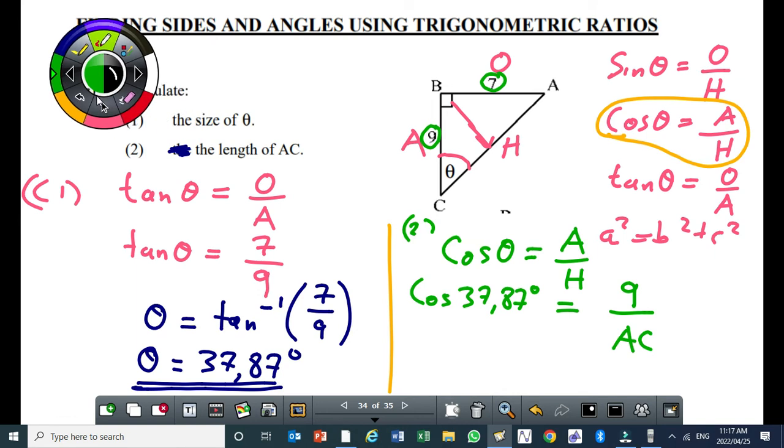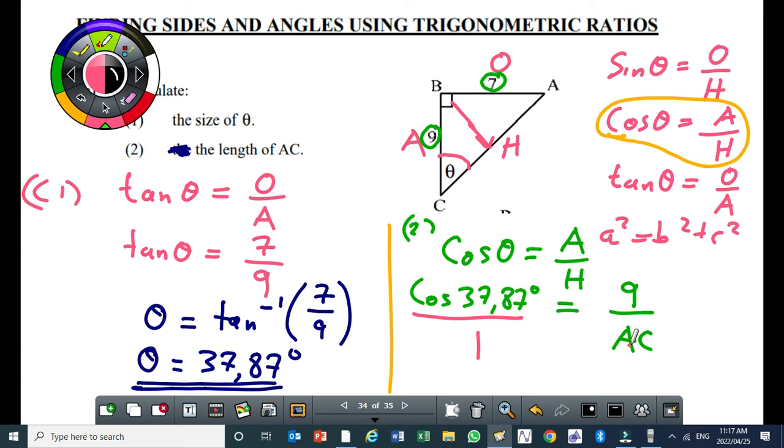Are you following there? You following? Then, please be aware that the denominator of the left-hand side is a 1. Then we cross what? Cross multiply. So this AC multiplies cos 37,87. The 1 multiplies the 9.